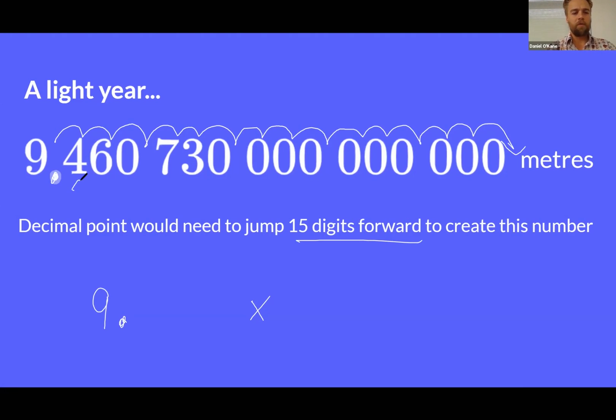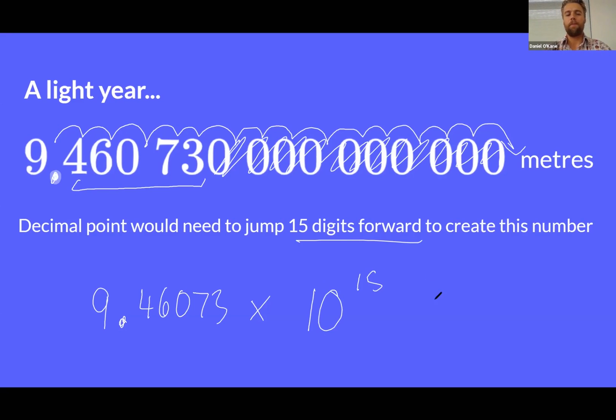So then I can write the remaining digits, 4, 6, 0, 7, 3, but then there's no reason for me to write the rest of these zeros. I don't have to worry about them. So 9.46073 times 10 to the power of 15 meters. Okay, so that decimal point after the 9 had to jump forward 15 times to create this number. So then that's how you can write this measurement, this light year, in scientific notation.